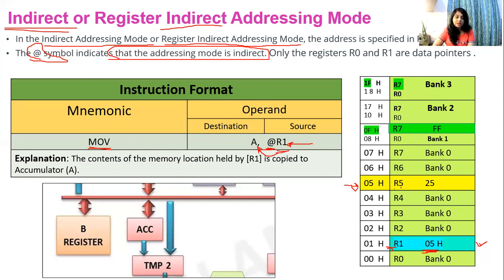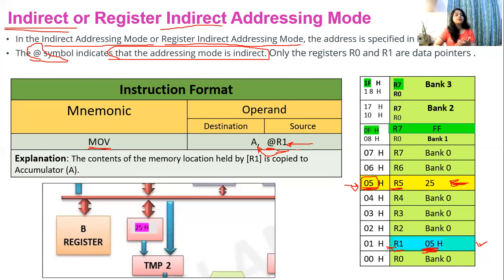The address of register R5 of bank 0 is 05. This 05 is the address of register R5 of bank 0, which holds 25. So this instruction says, move the contents of the memory location whose address, 05, is available in R1, that means transfer this 25 into register A. So after execution of this instruction, it will transfer this 25 into the accumulator.